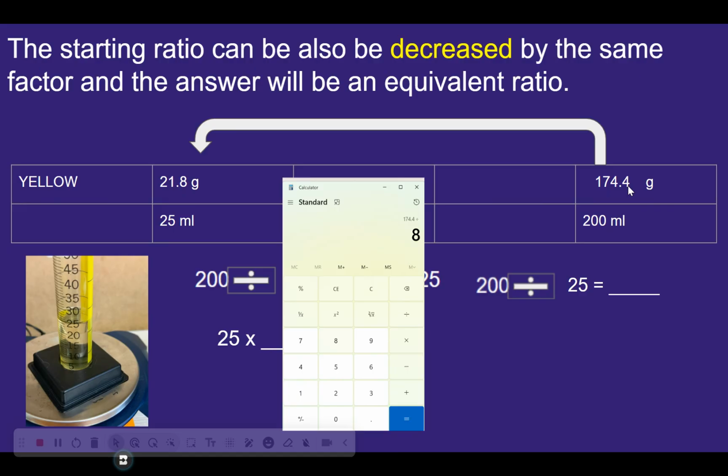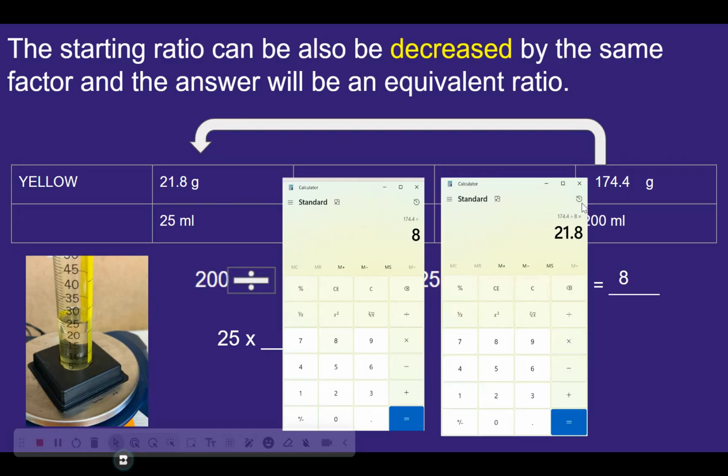So what is 174.4 divided by 8? I'm not going to do that in my head. I'm not even going to do it on a piece of paper. I'm going to get a calculator. Put this one in first. 174 divided by 4 gets me... oh, that was the wrong one.